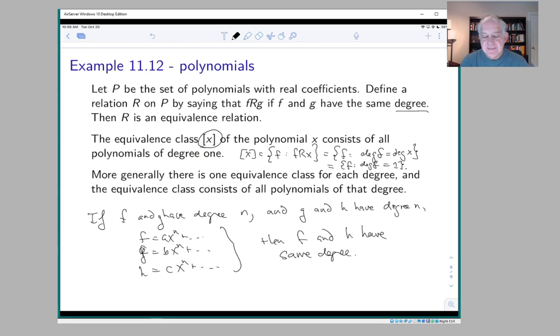More generally, suppose you took another polynomial of degree 1, like x plus 3. Well, the same thing would be true. The equivalence class of that polynomial would also consist of all polynomials of degree 1. And the effect of this equivalence relation is to divide up the set of polynomials by their degree. You have the equivalence class of polynomials of degree 1, and of degree 2, and of degree 3, and so forth. So if you were interested in studying the degree of polynomials, and you don't care about anything else about them, in a certain sense you would just be focusing in on these equivalence classes.